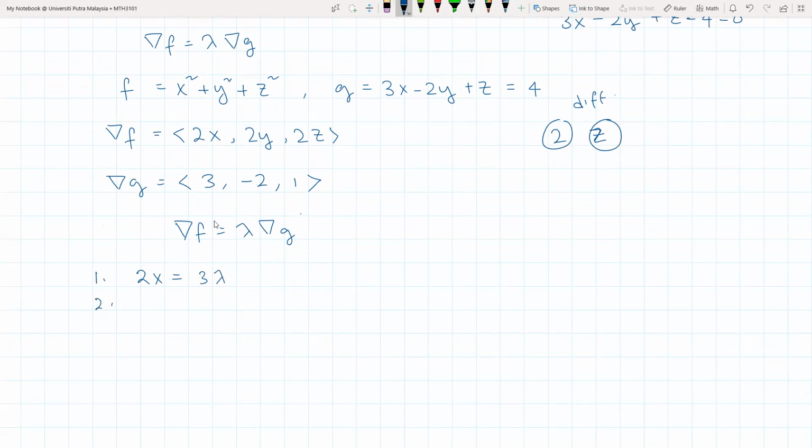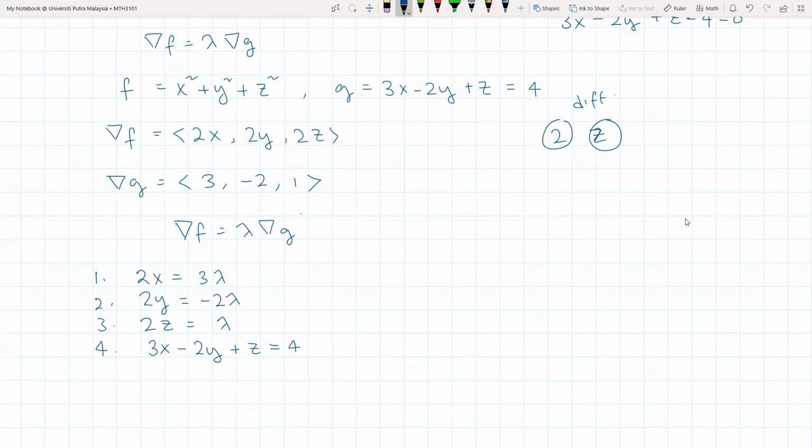Number 2, 2y equals minus 2 lambda. Number 3, 2z equals lambda. And we also have the condition, number 4: 3x minus 2y plus z equals 4.